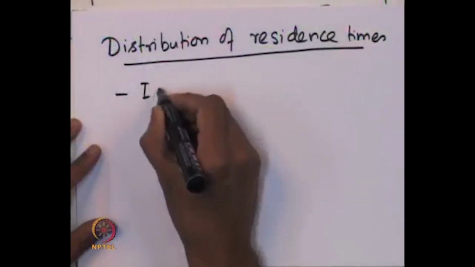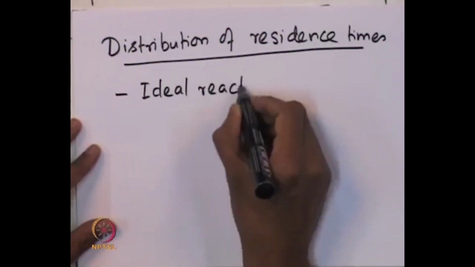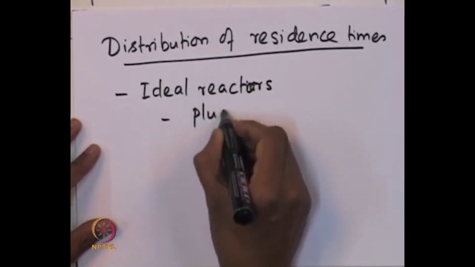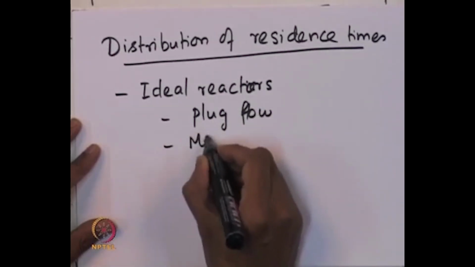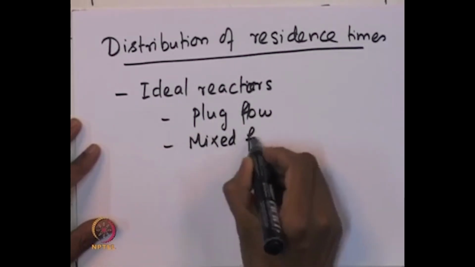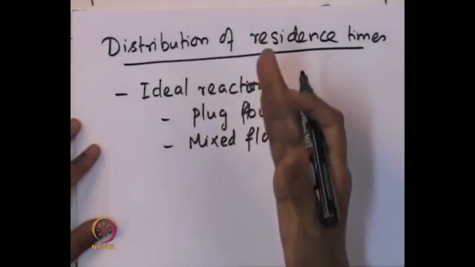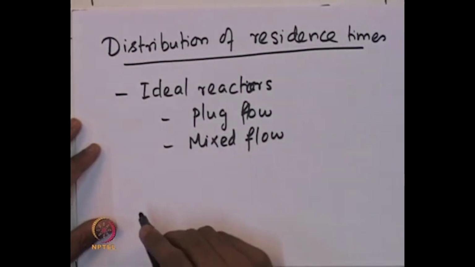Now, it turns out that the ideal reactors, that is all the reactors that we have looked at so far, the plug flow and the mixed flow reactors, are all ideal reactors, and the real world reactors really do not behave like the plug flow or the mixed flow reactors.